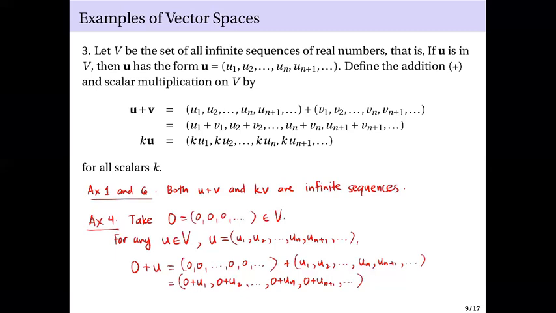Any real number added to the real number 0 gives the same real number. So you just have u1, u2, then un, un plus 1, etc., and this is precisely u.